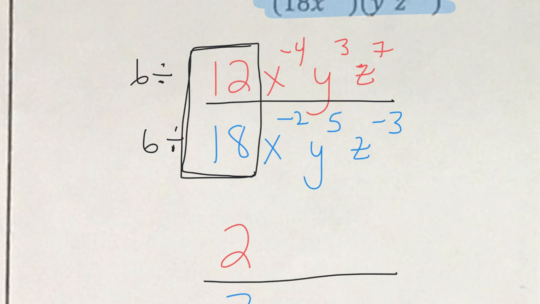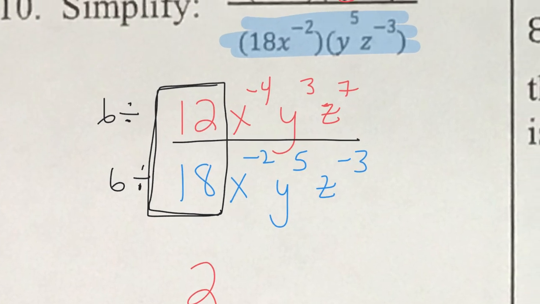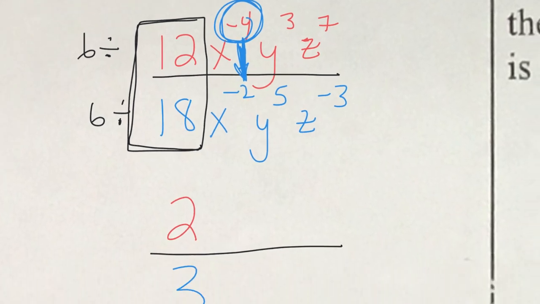Okay, so the x ones, which of your x powers is closest to 0? Hopefully you know that that is -2. So we're going to bring our -4 down to the bottom of your denominator with your -2. Okay, you always take the term farther from 0 and you move it to the one closer to 0 if they're negatives.